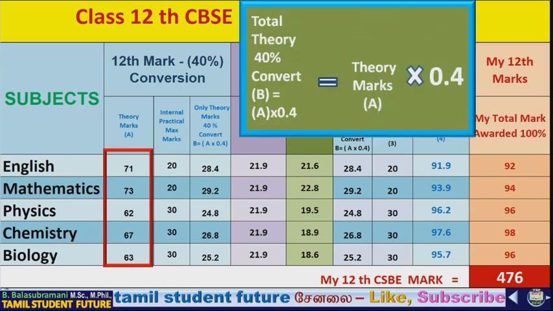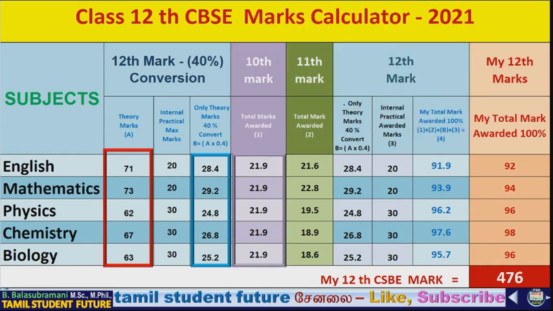The theory 40% is converted: B equals A into 0.4, so 40 divided by 100 means 0.4. So English 71 gives 28.4, Maths 29.2, Physics 24.8, Chemistry 26.8, Biology 25.2. Now the 12th mark is over.